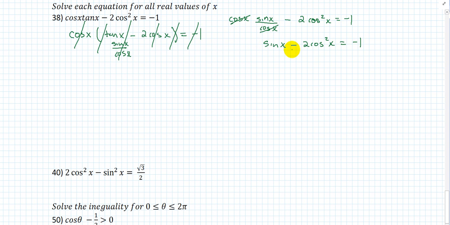At this point, this should remind you of a similar problem we had before, where cosine squared x plus sine squared x equals 1. You solve for that and take the cosine squared x as 1 minus sine squared x.